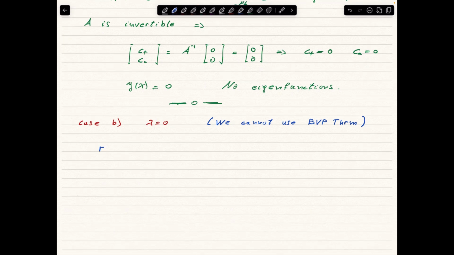So we have the characteristic equation r squared plus lambda equals 0, but lambda is 0, so we have r squared equals 0, which means that the roots r plus and r minus are equal to each other, so let's call it r0, and they are both actually 0.